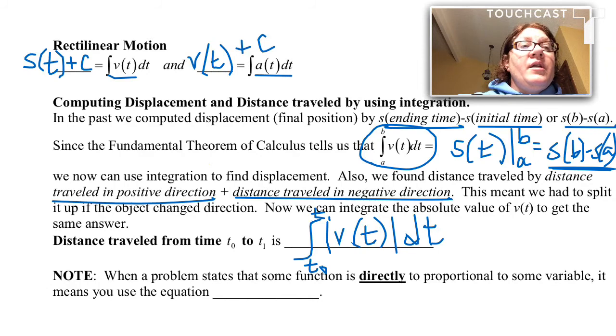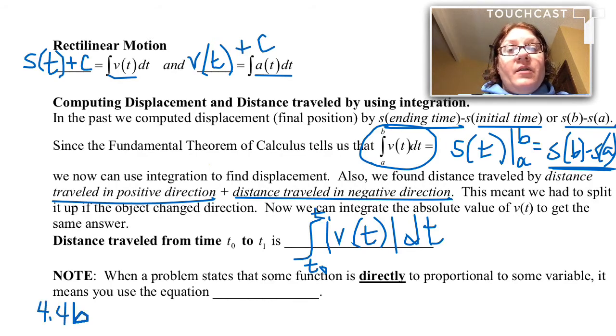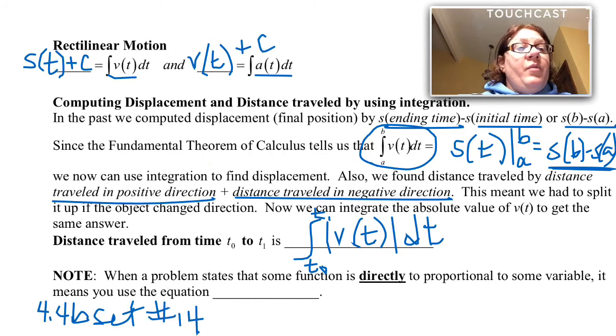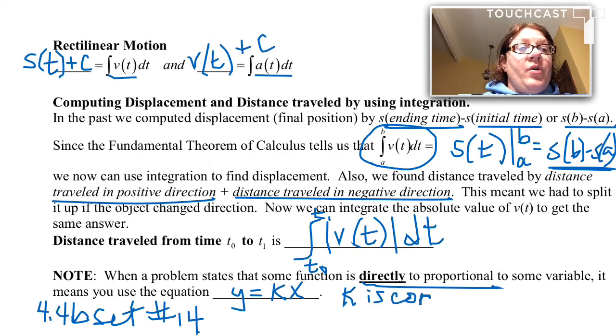Now, one other thing is you're going to need this little note when you're working the problems. On problem 14 on the 4.4b set, it's going to talk about directly proportional. And so when that's true, you're using the equation, it's just a linear equation where k is the constant of proportionality.